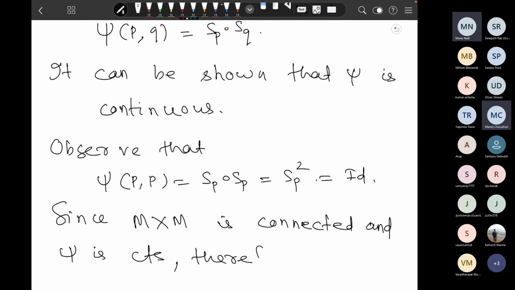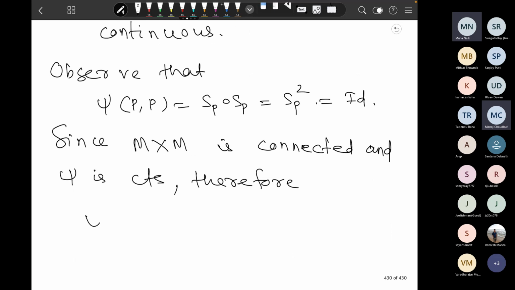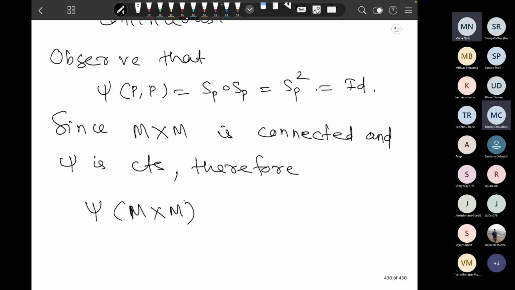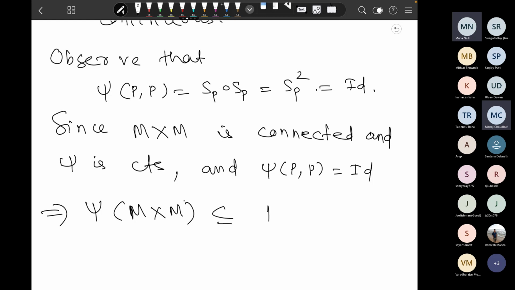Also we know that psi of (P, P) is the identity. Therefore psi of M cross M lies inside the connected component I_0(M).